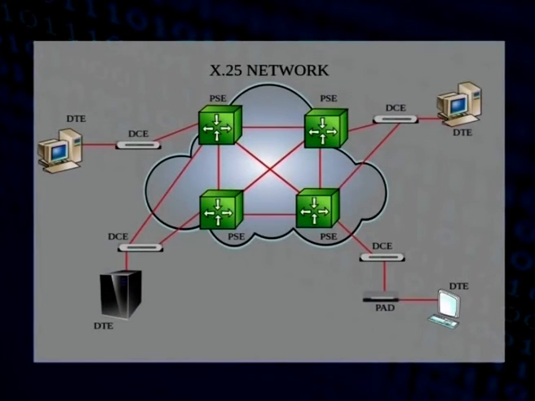An example of a switched WAN is X.25. This is a network designed to provide connectivity between end users. X.25 WAN is nowadays replaced by a high speed, more efficient network called frame relay.